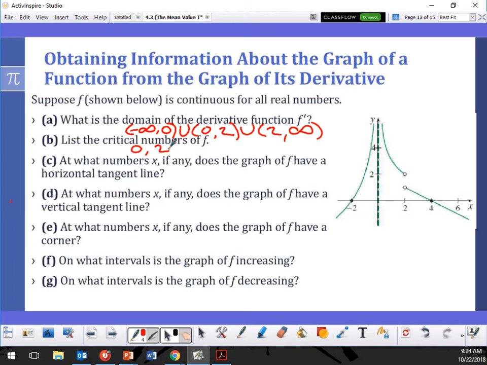It's not continuous through there, right? What numbers x, if any, does the graph have a horizontal tangent? At what numbers x, if any, does the graph have any vertical tangents?